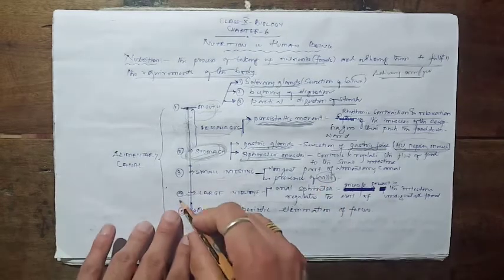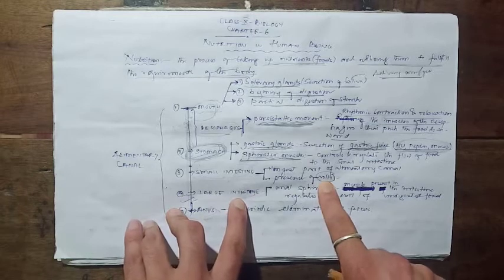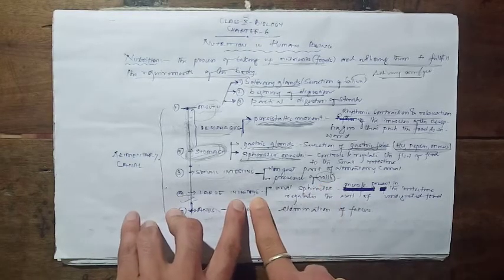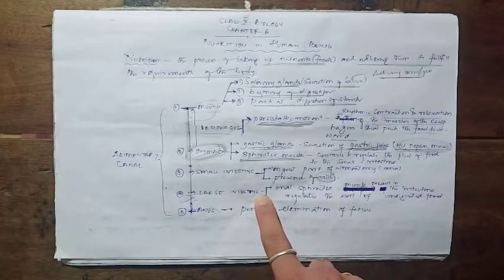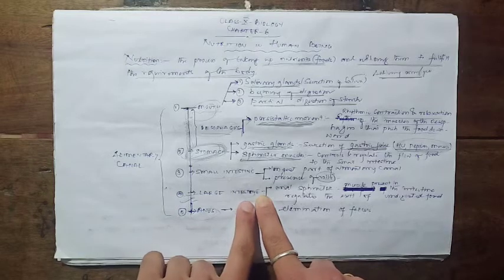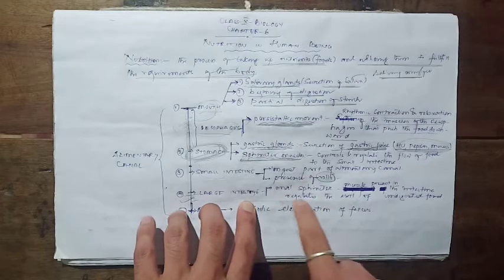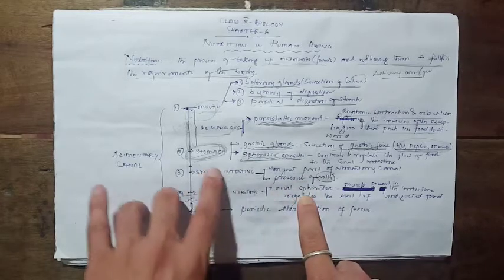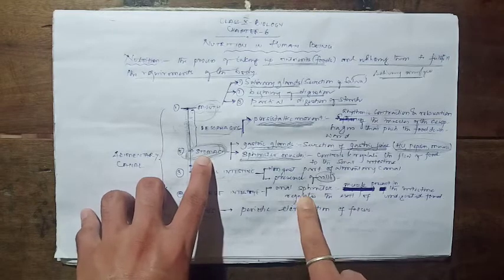Now student, next comes the large intestine. Most of the food is digested before this, and the undigested food is sent to the large intestine. In the large intestine, if water is present in the undigested food, that water is absorbed and the undigested food is eliminated through the anal sphincter. Student, we discussed the sphincter muscle in the stomach, which regulates the flow of food into the small intestine.